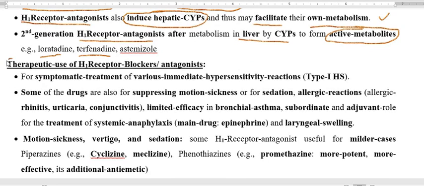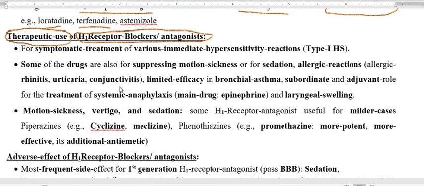Now we have to go through the last point, the therapeutic or clinical use of H1 receptor blockers or antagonists, and this is very important. We already discussed this, but again we are going to discuss the therapeutic use of H1 receptor antagonists. The physiological functions that histamine produces are blocked by this receptor blocker, and therefore it is used for the same purposes.